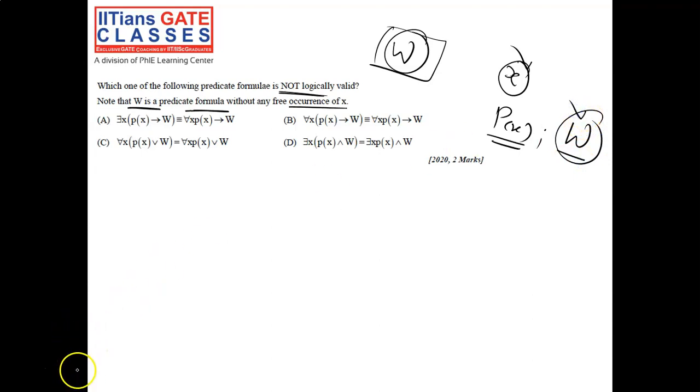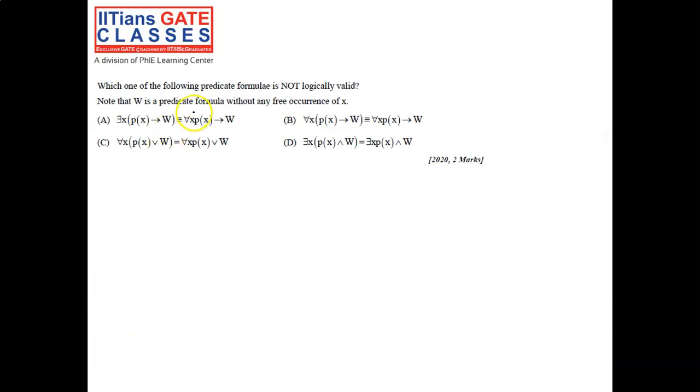This is the meaning of the line that w is a predicate formula without any free occurrence of x. It means w is free from x. Or you can think like this: in w we do not have any x.